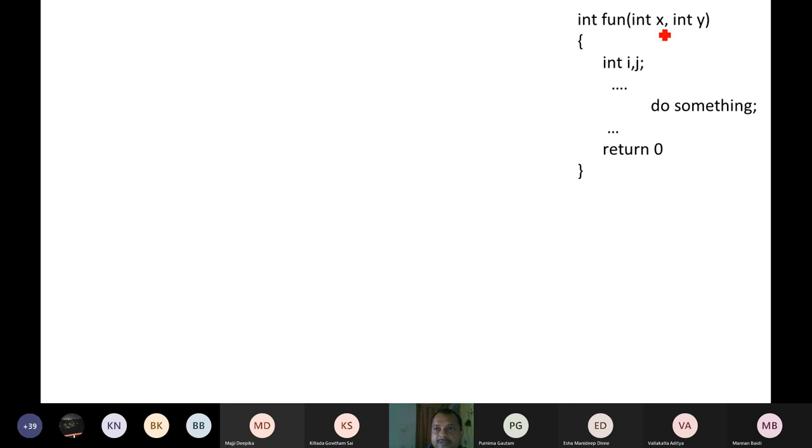Say whenever I see x and y, then in my symbol table I will have an entry of x and y, and x and y are parameters. So I will have that information also, param.